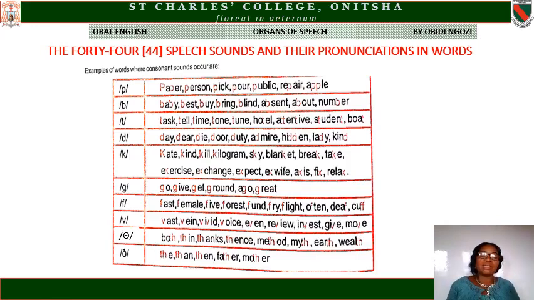This is the sound that is very difficult for a second language learner. The second language learner finds it difficult to pronounce the sound. This sound is pronounced or produced by using the tip of your tongue. Bring it to the front part of your teeth, and pronounce it.